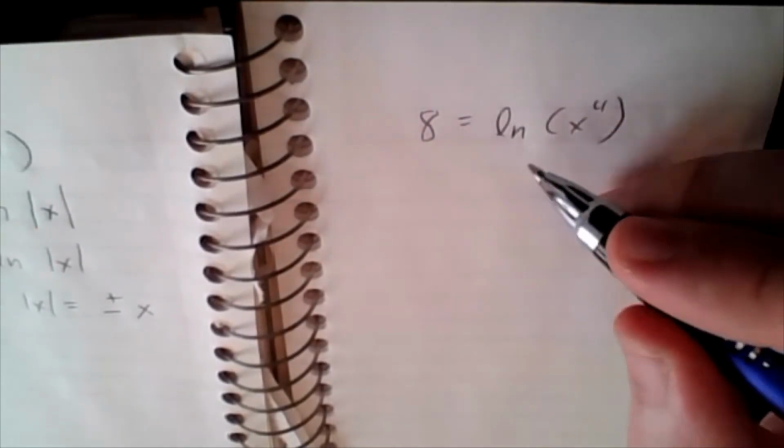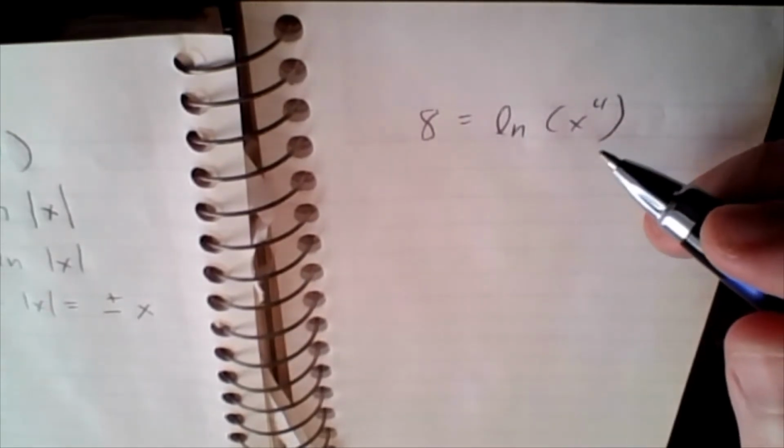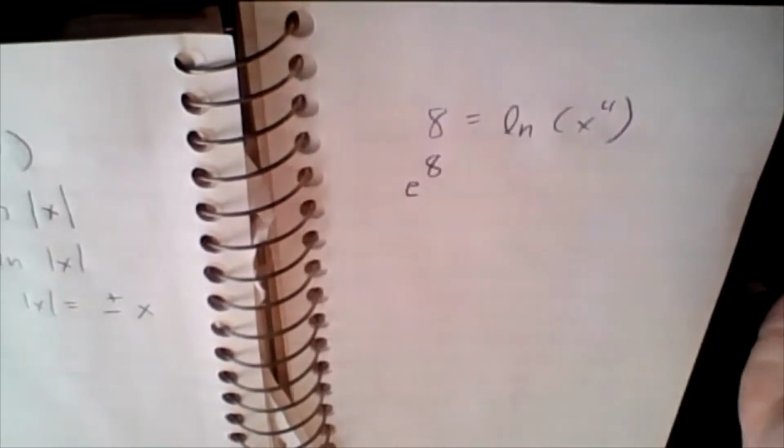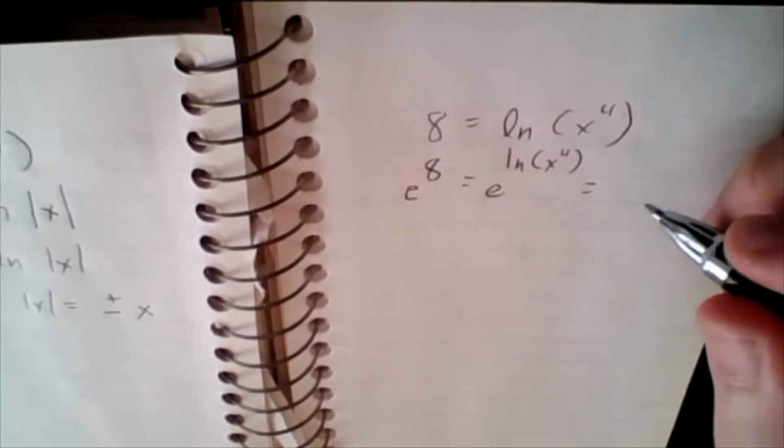This is the natural logarithm, which corresponds to e. So e to the power 8 is then going to equal e to the power natural log of x to the 4th. And those two functions will cancel each other, leaving x to the power 4.